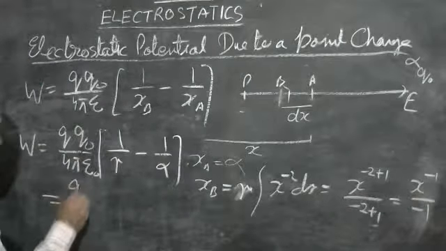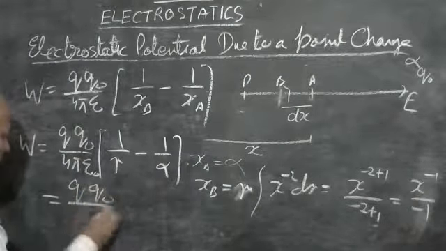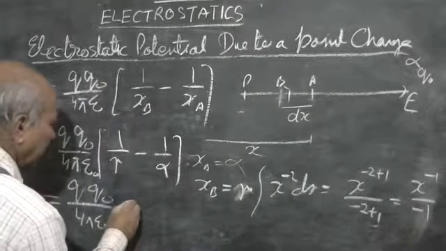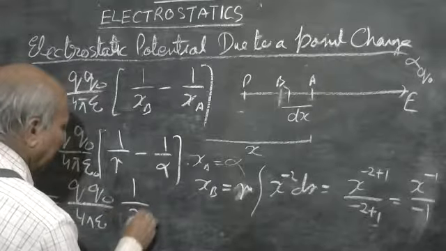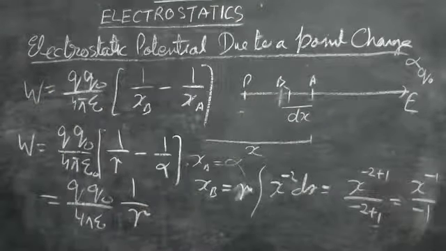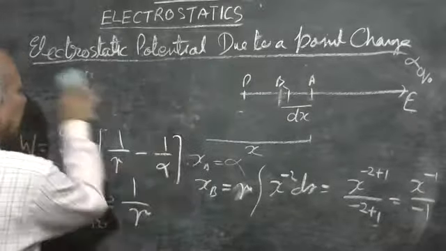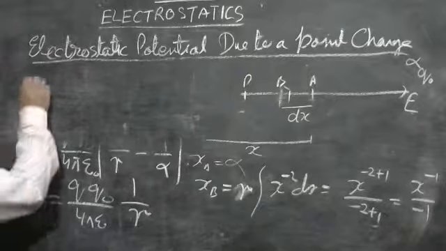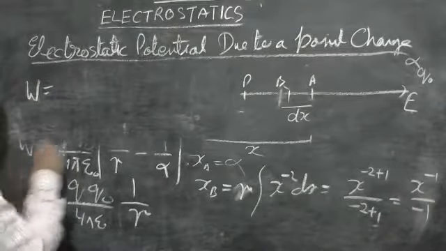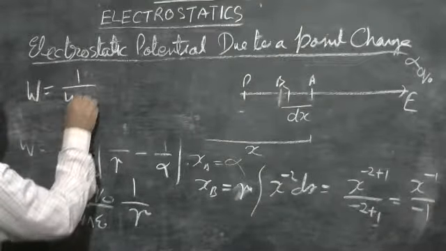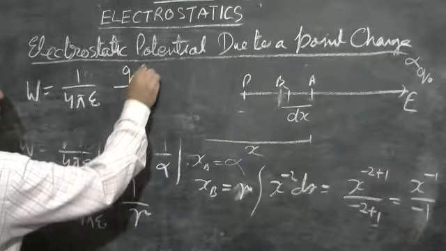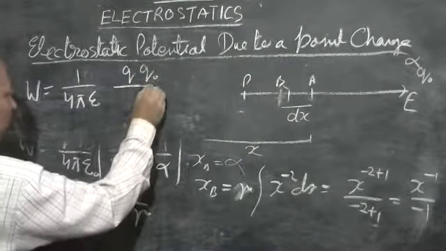This will be q into q naught upon 4 pi epsilon naught, 1 upon r. Now work will be 1 upon 4 pi epsilon naught q naught upon r.